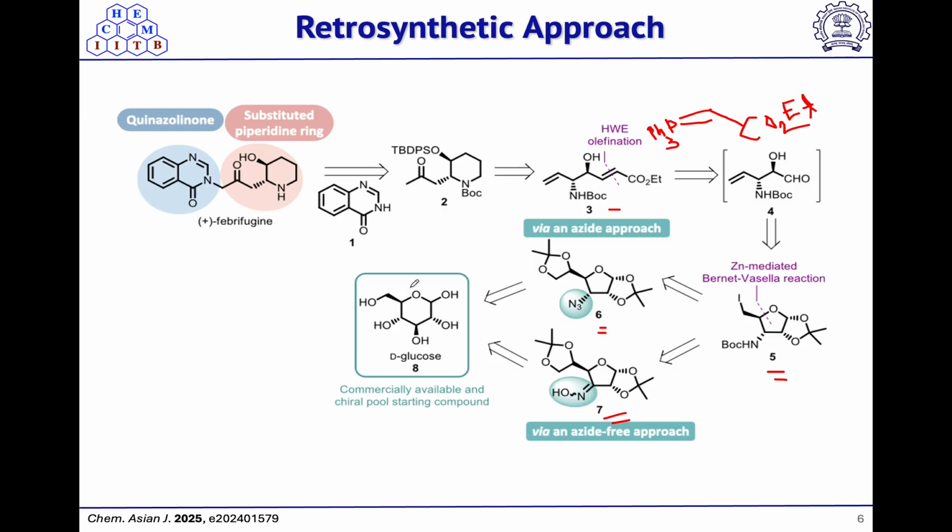So you can see how plus febrifugine is targeted from a commercially available chiral building block D-glucose. A very interesting example. So this retrosynthesis.